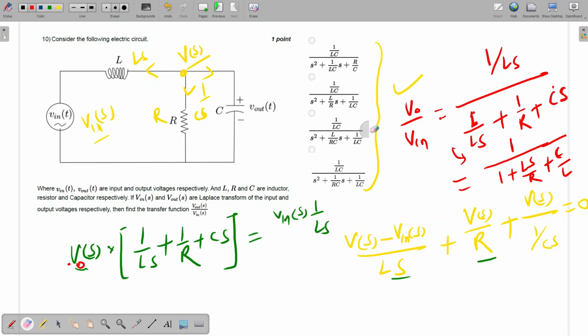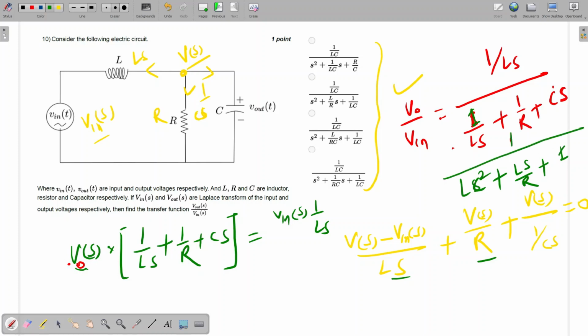It is correct up to here. So if we multiply by Ls in top and bottom, what will happen? That will be LCS square, one term. Then the second term will be Ls by R, correct, plus 1.